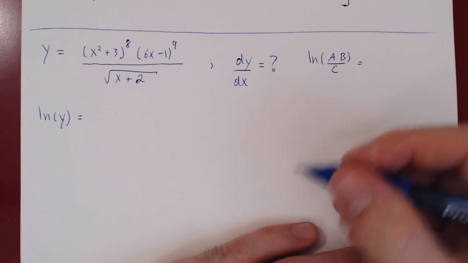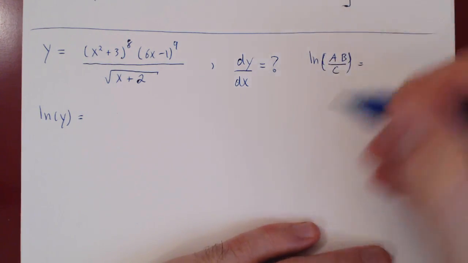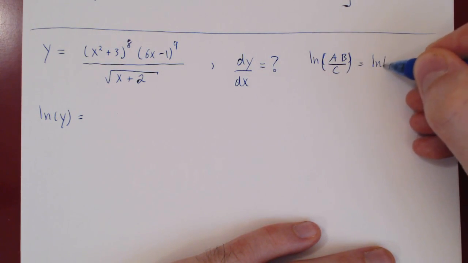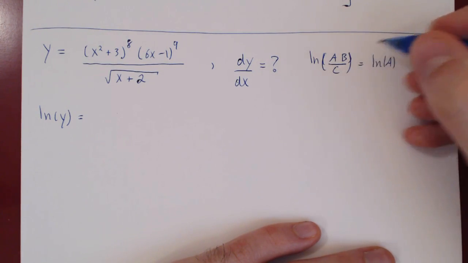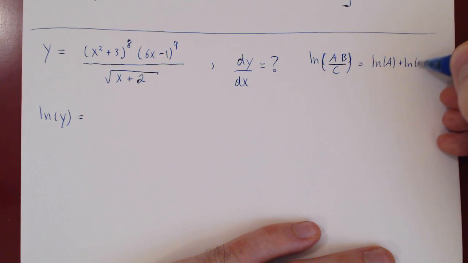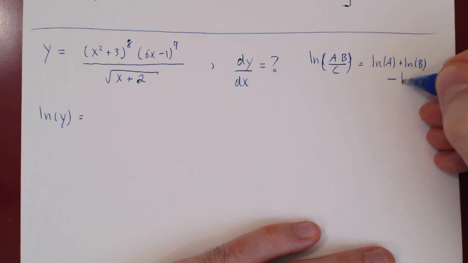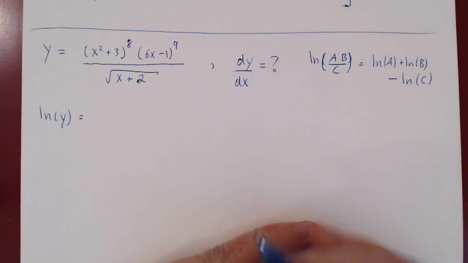Well, by properties of logarithmic functions, this will be ln of a plus ln of b. c is on the bottom, so it will be minus ln of c.